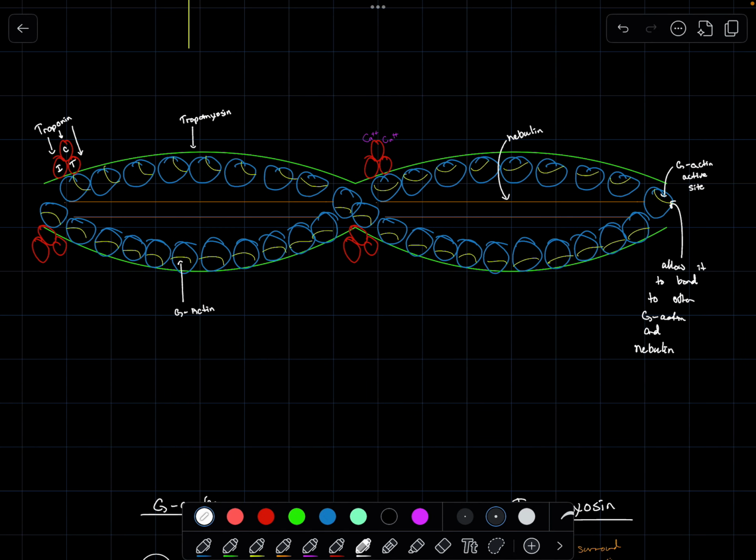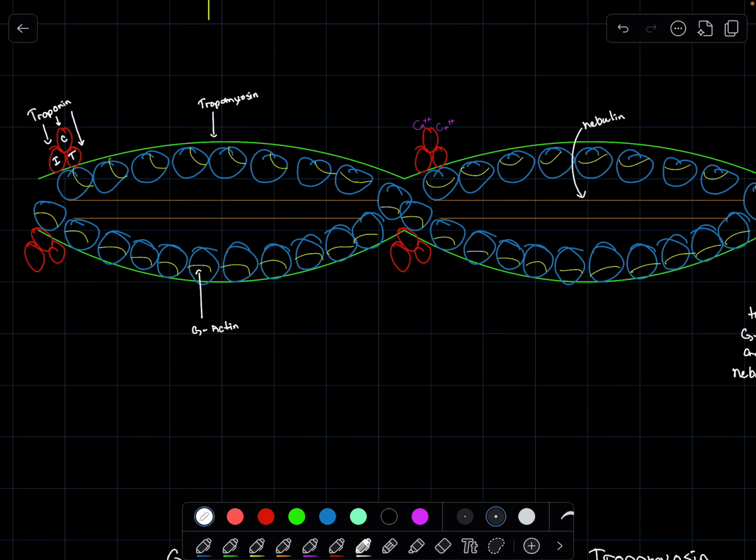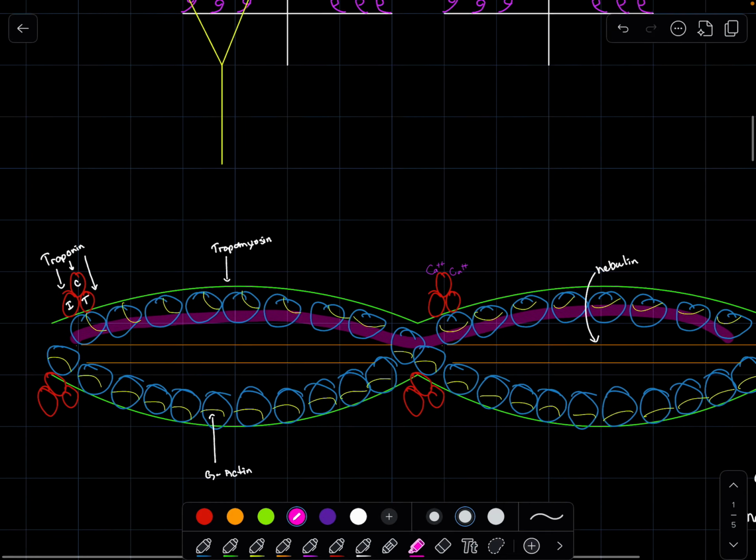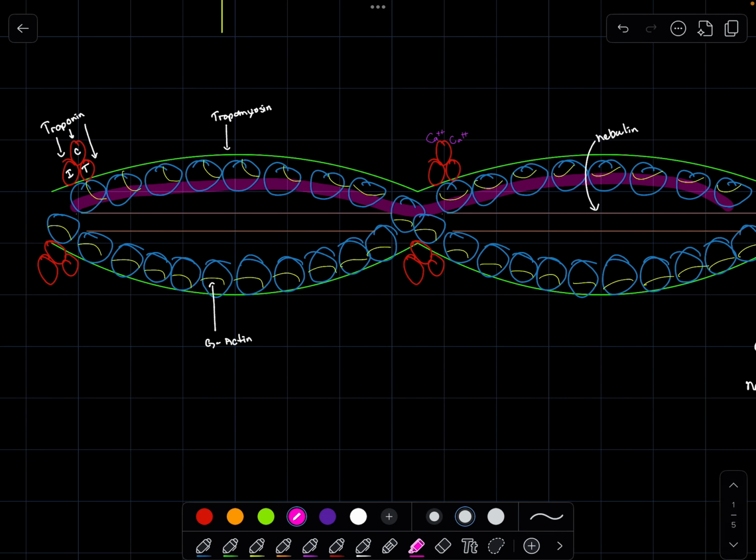Looking at the individual components of the actin, we see G-actin coupled proteins highlighted here, just like that. Okay, and that's surrounded by tropomyosin. Tropomyosin blocks the binding sites on G-actin.